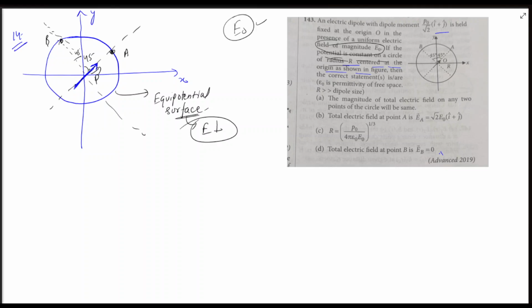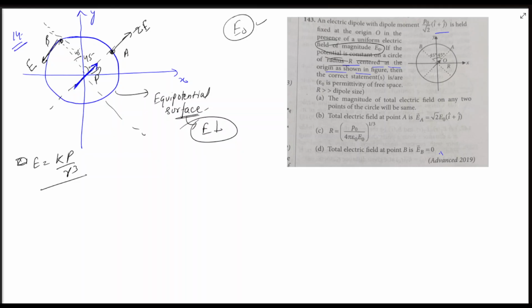Now look, due to the dipole the electric field will be in this direction, which will be 2E, right? Remember 2E. So E will be Kp by R cube. So it will be 2 Kp by R cube. And at B it will be in the opposite direction. So it will be tangential, right? It will be E. Remember, the axial field will be twice the equatorial.